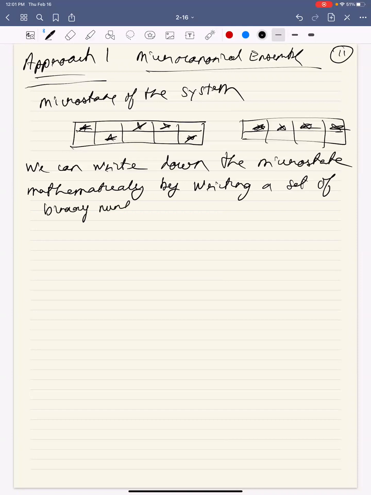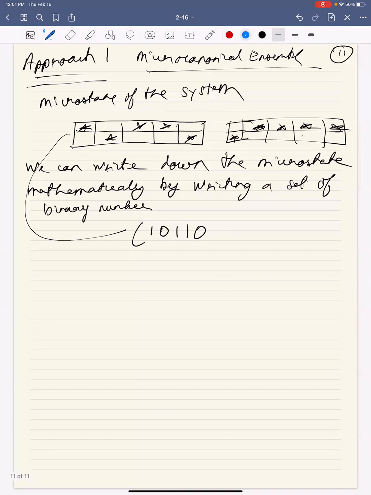So for this picture over here, I would say that the first particle is in the higher energy state, so let's call it a 1. The second particle is in a lower energy state, let's call it a 0. The third particle is in a higher energy state, let's call it a 1. The fourth one is a 0, right?